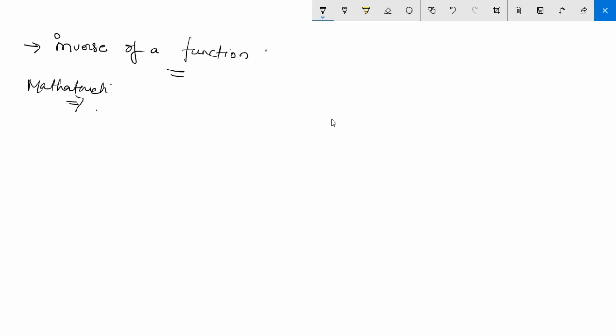Mathematical definition of how to find the inverse.